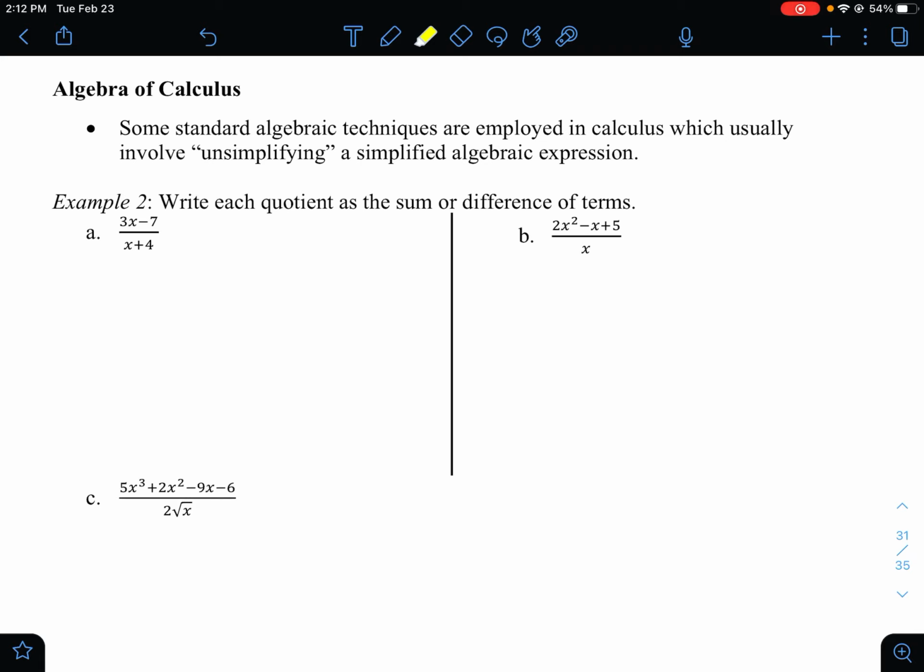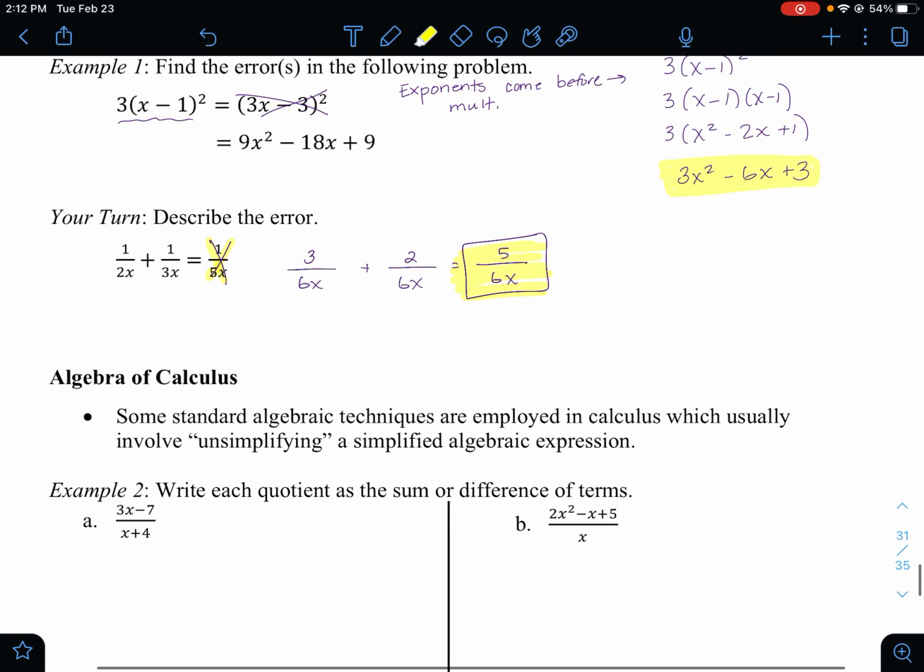The directions say to write each quotient, because quotient is division, as the sum or difference of terms. What that means is we just need to split this up. I didn't do it for this one problem, but I know I did it the other day. Technically, I should have done this and then went to there.